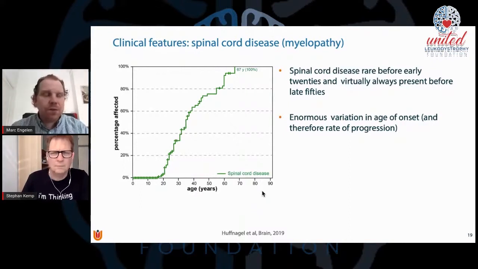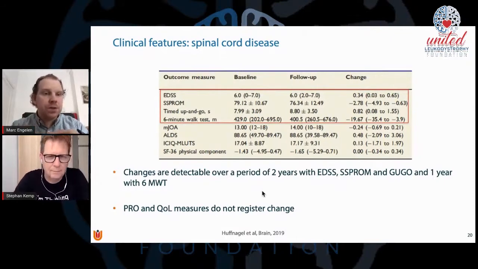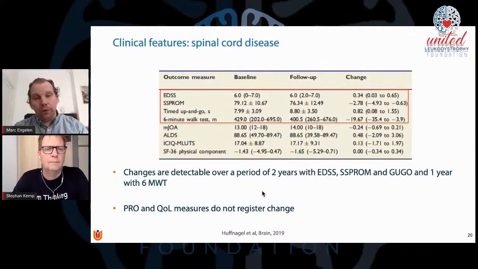But on average, in the clinic, you see that people around 35, 40 are usually significantly impaired. All right, can I have the next slide, please? Great. Well, what is, of course, important is that you try to quantify this, because if you want to study a disease with the goal to develop new treatments, you have to be able to measure disease severity.